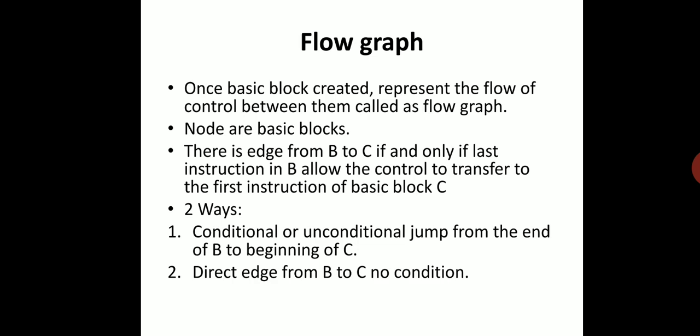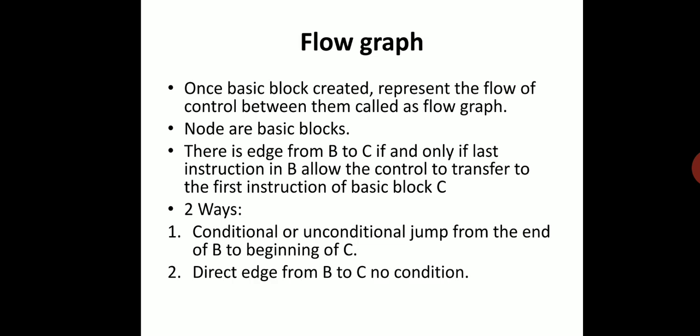Now, we have discussed what a flow graph represents: the flow of information among the basic blocks. How the control is transferred from one basic block to another is shown by using the flow graph. Once basic blocks are created, representing the flow of control between them is called a flow graph.